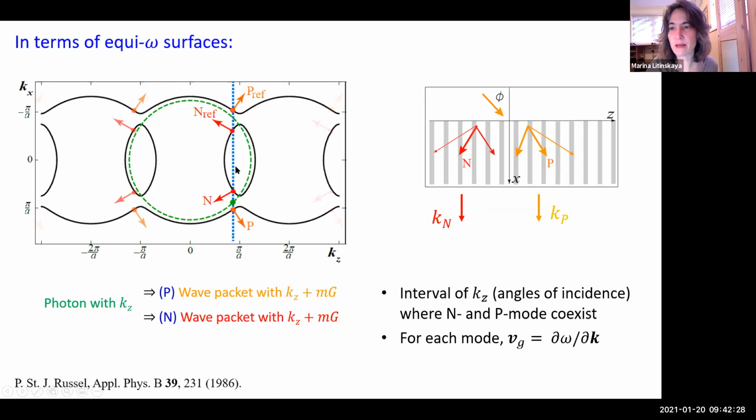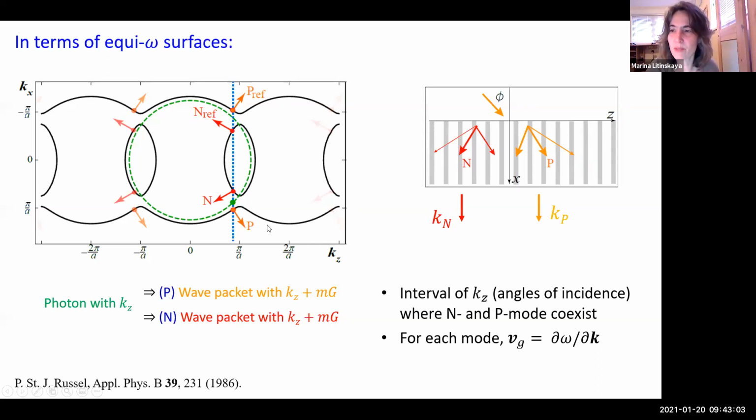We can look at this picture in the phase space. So this is kx, kz, the two wave vectors, and the black line. So this is the incident photon. It's an equi-frequency surface. This is the dispersion of the incident photon, right? And this long black line is the equi-frequency surface for the modes inside this crystal.